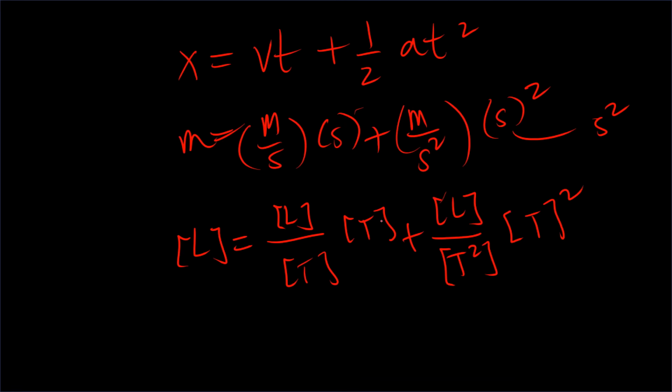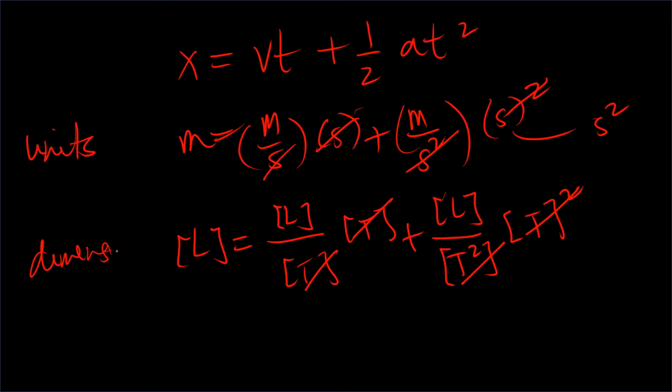So kapag nag-perform ulit tayo ng operation, ma-cancel out natin to. So the same in this one. So we can use units in dimensional analysis, or we can also use the dimensions in order to check whether an equation or a formula is dimensionally correct.